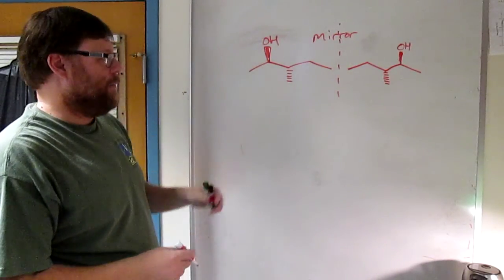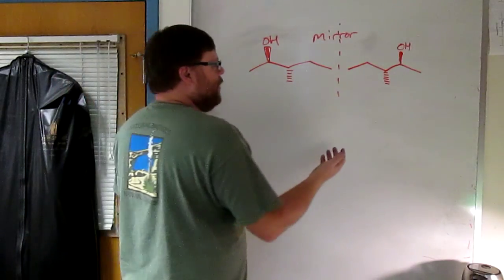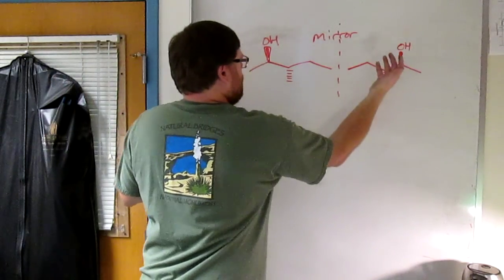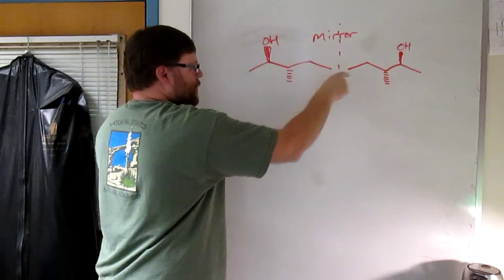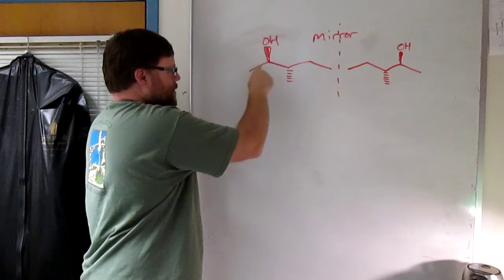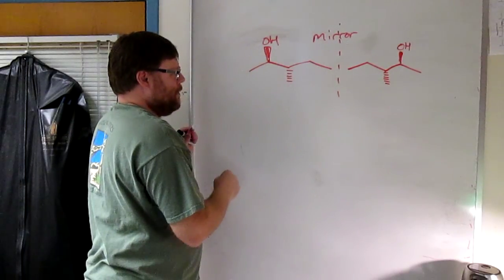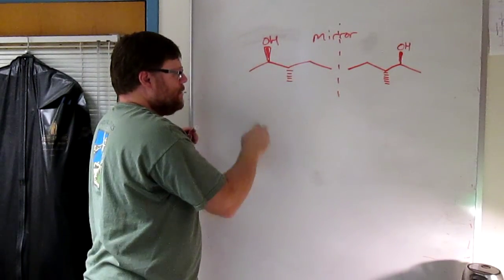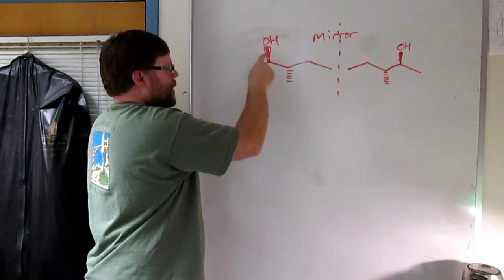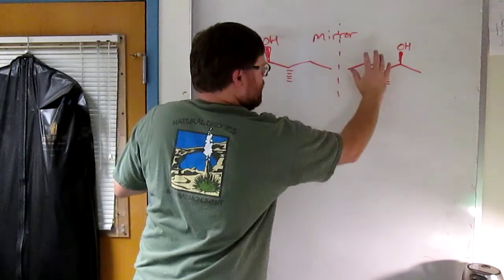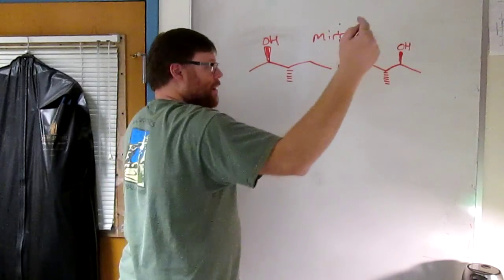That gets you directly the mirror image, and now you can see that they're non-superimposable. If you take this molecule, turn it over, and slide it over, the two-dimensional framework overlays exactly. So the 5-carbon chain overlaps, the methyl overlaps, and the OH overlaps. But if you turn this over, that OH which is sticking out at you will go back.